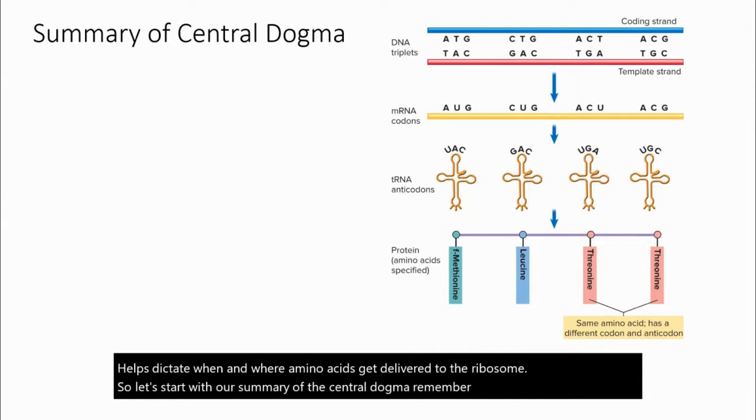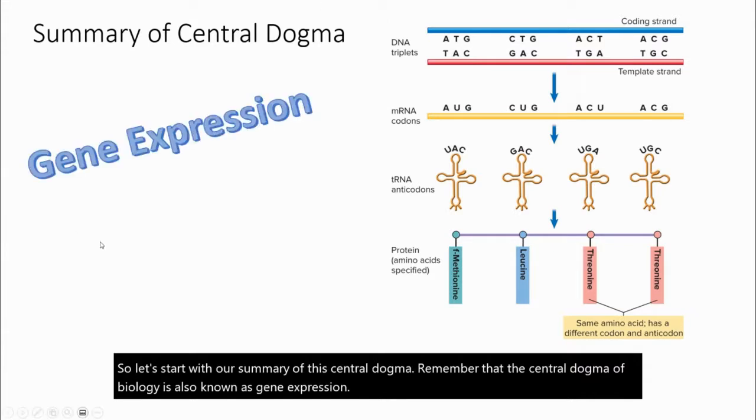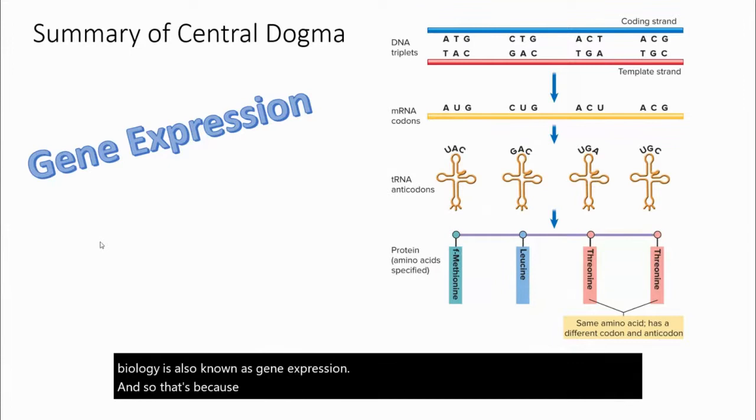Remember that the central dogma of biology is also known as gene expression. That's because a gene is a piece of DNA. One long DNA molecule actually has lots of different genes on it.